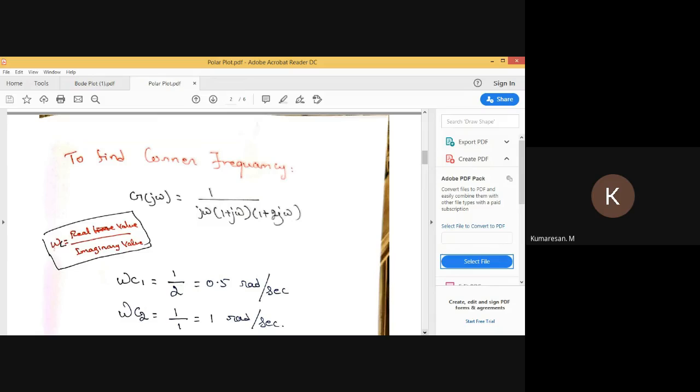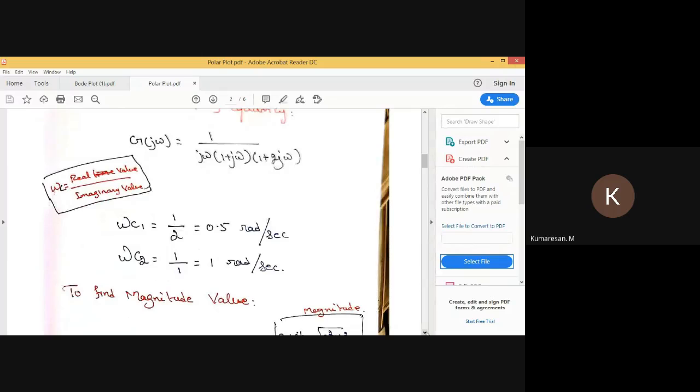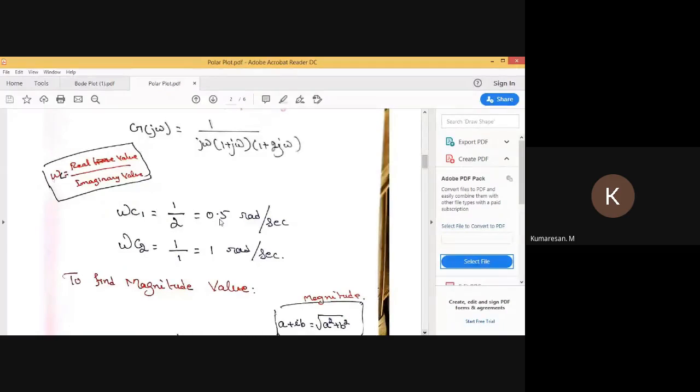The second term is 1 plus j omega. The 1 is the real term, j omega is the imaginary term, so 1 by 1. The third term has real value 1 and imaginary value 2, so 1 by 2. We take omega c1 equal to 1 divided by 2.